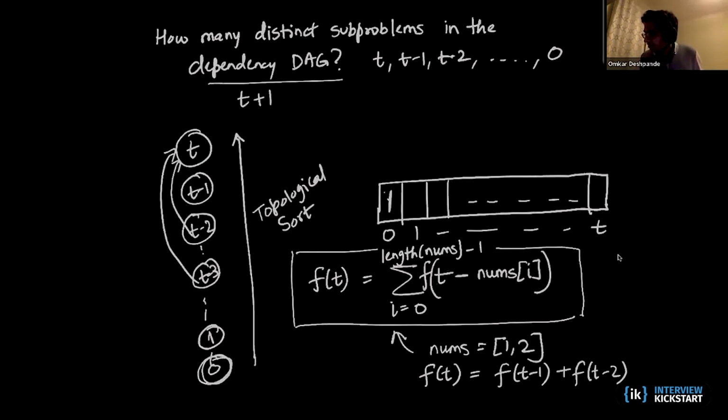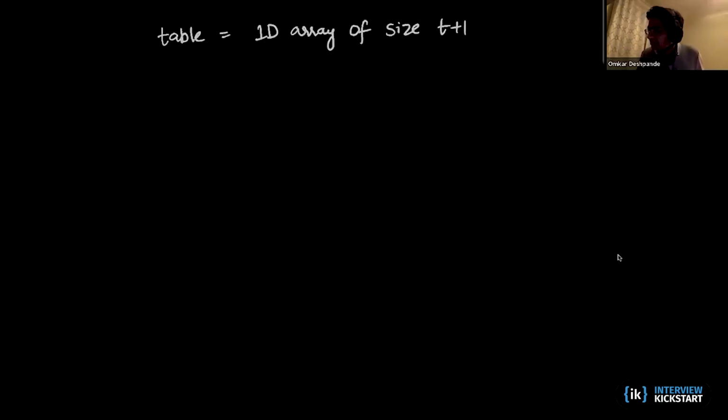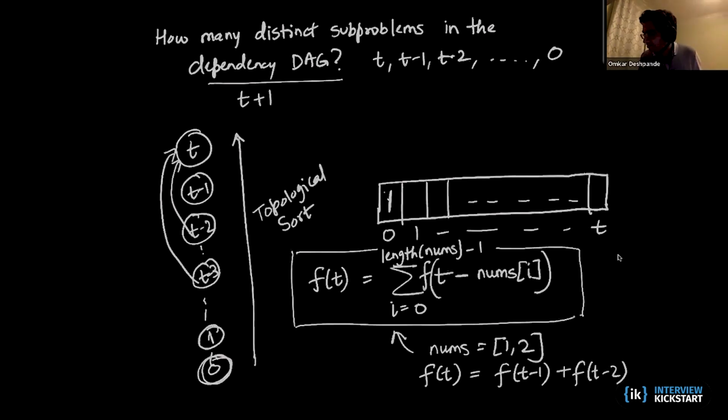So we will allocate a table which is going to be a 1D array of size t plus 1. Let's say it's initialized to 0. It doesn't matter what it's initialized to, we can always overwrite all the values for the recursive cases.